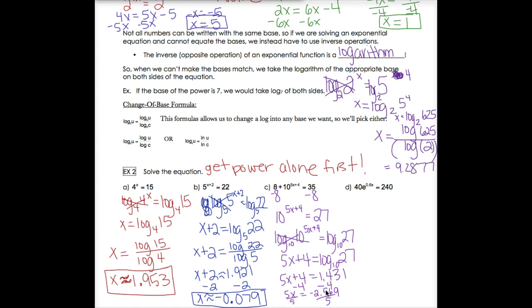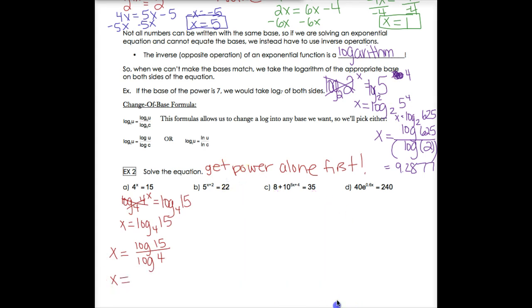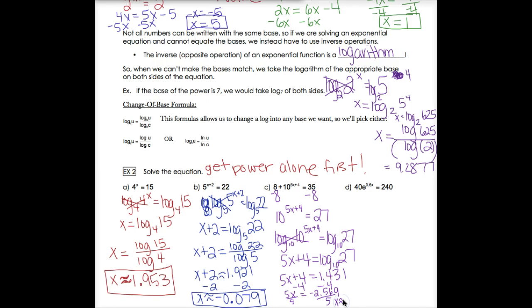And then we've got x is approximately equal to negative 0.514. And there we go. So hopefully you got the right answer. Again, remember that if you see log base 10, that is the common log, so save yourself some work steps and not have to use the change of base.